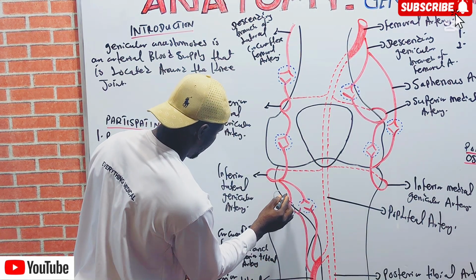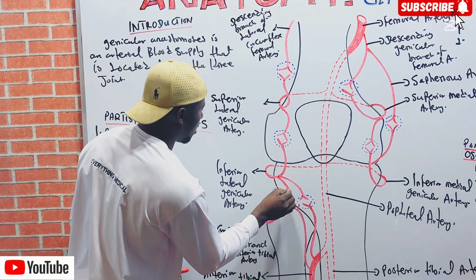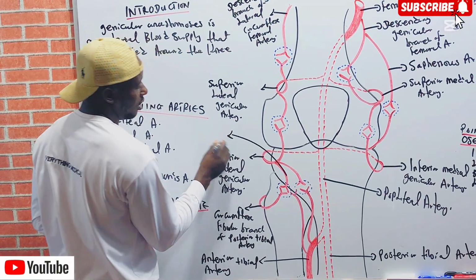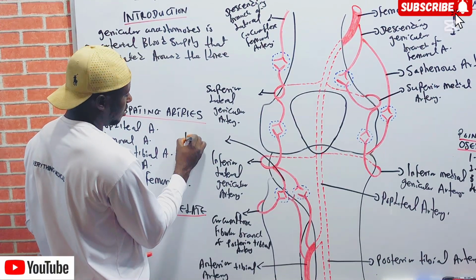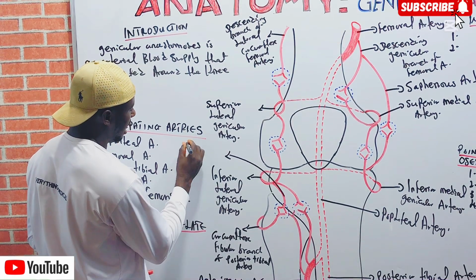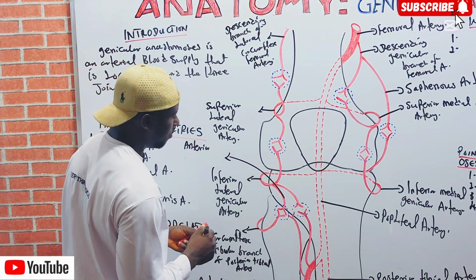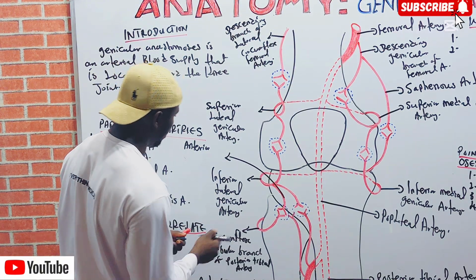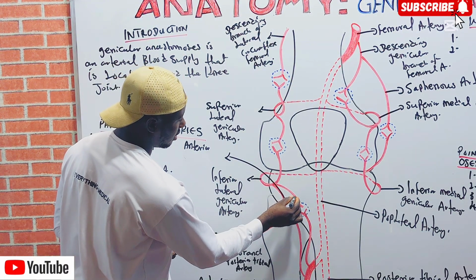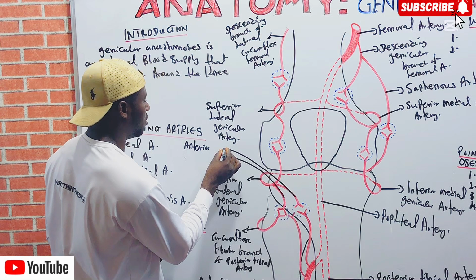Now here is the anterior tibial artery, and the anterior branch of the anterior tibial artery, per se.